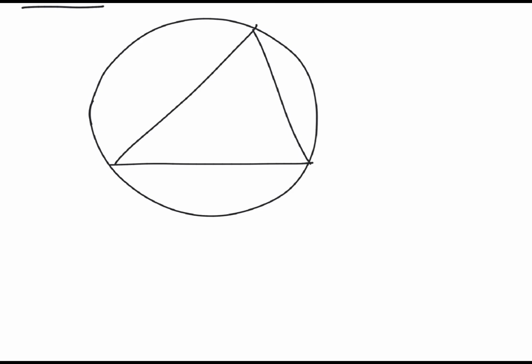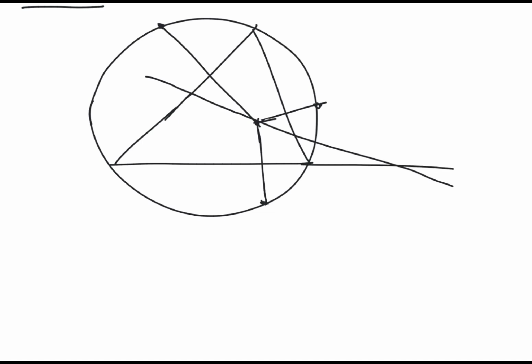We have the orthocenter, reflections of the orthocenter. We have an arbitrary line passing through the orthocenter, something like this.